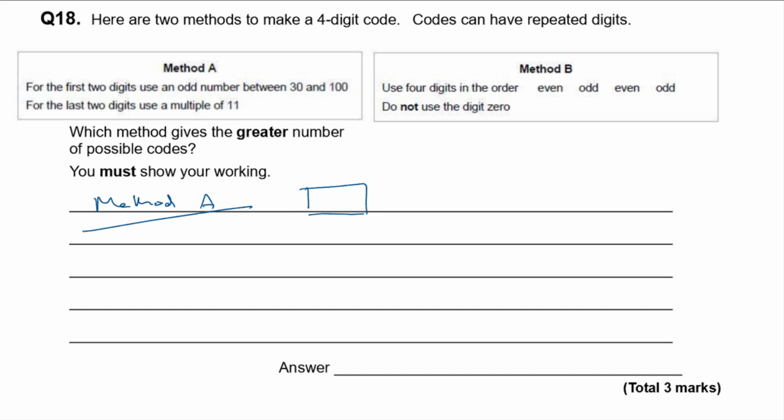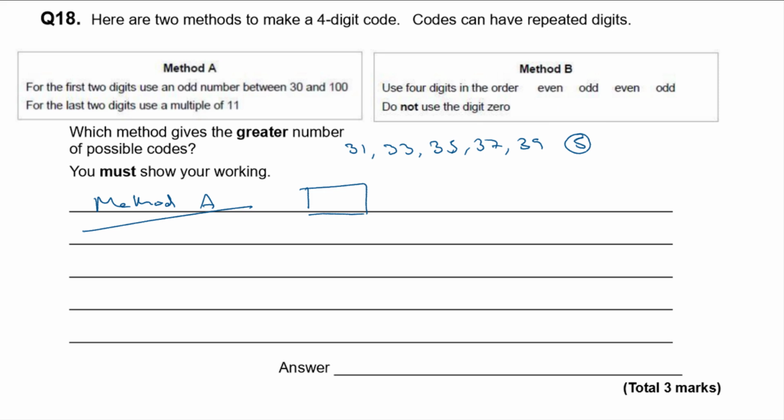Well, I've got the first odd number is 31, then I've got 33, and then I've got 35, and then 37 and 39. So I've got 5, haven't I, between 30 and 39. So I'm going to have another 5 between 40 and 49, another 5 between 50 and 59, and so on.